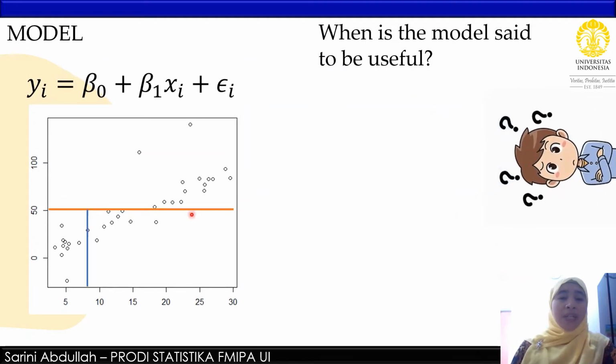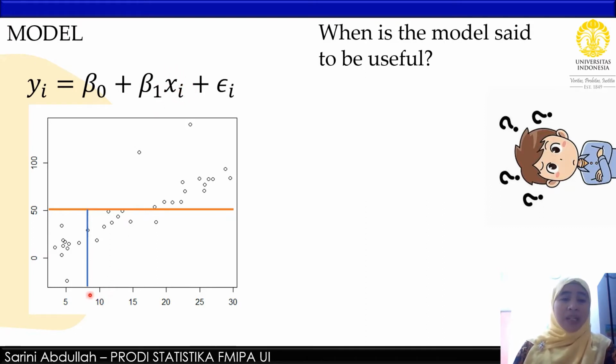So, let's consider our first line, the brown line. Let's say this line is still represented by this equation, that is yi given by beta naught plus beta 1 xi plus epsilon i. But then we are not using the information on xi.